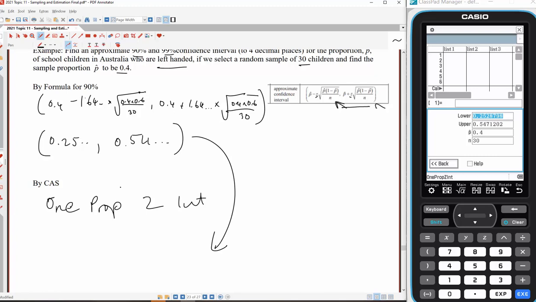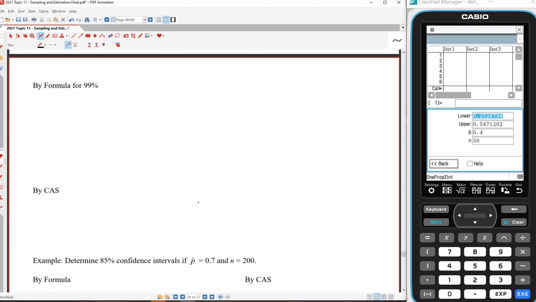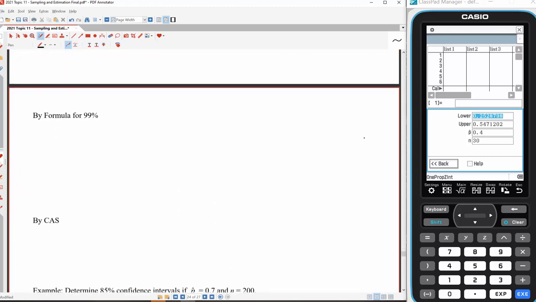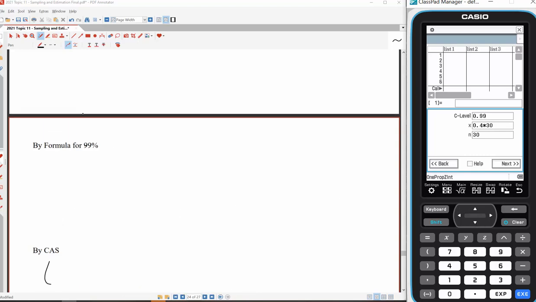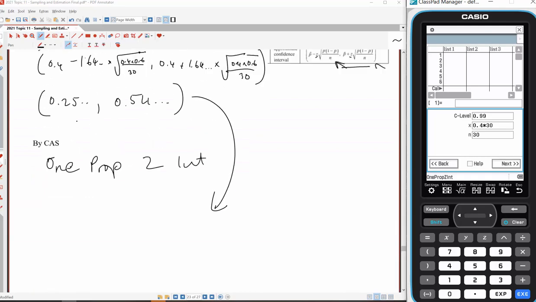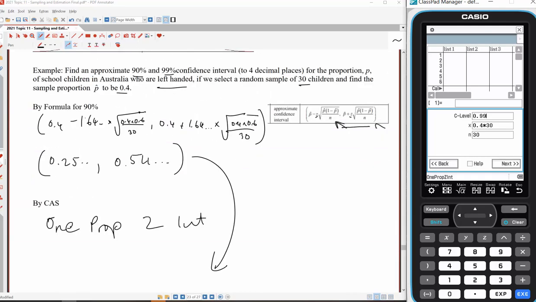All right, now let's do it for 99. Okay, so by formula for 99, I'm not going to do it by formula. Let's just do it by CAS. What will be interesting, let's just have a think about it. If I want 99% confidence, what this thing will do is actually stretch this interval out a bit more.